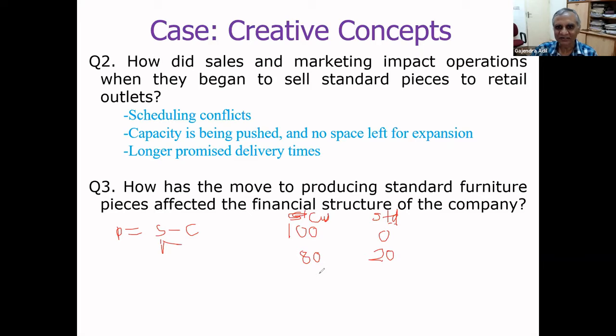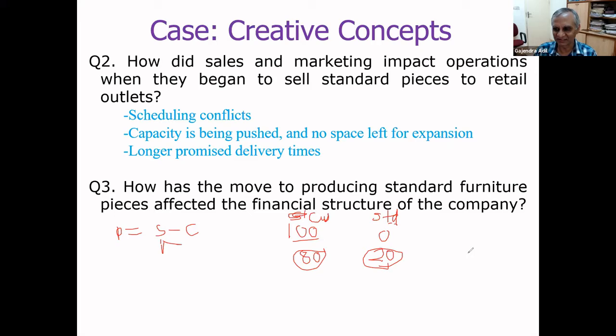Okay, and cost has not changed. Even if you say cost has not changed, you subtract 100 into whatever the cost, because this cost is the same thing as this one. Why is it costing the same? Because you are using the same facilities. Maybe there's marginally less because features are less, but cost-wise nothing has changed. Now they are saying cost has increased, so it will have an even more negative impact on profit.